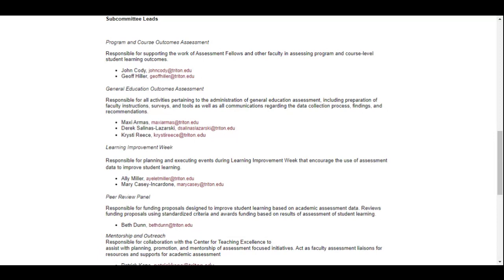And that is chaired by Maxie Armis, Derek Salinas, Lazarski, and myself. So we kind of lead the effort, but a lot of times we lean on the assessment fellows, who are the ones that partake in this process. So that's why there's a big group of us that work together to get the work done.